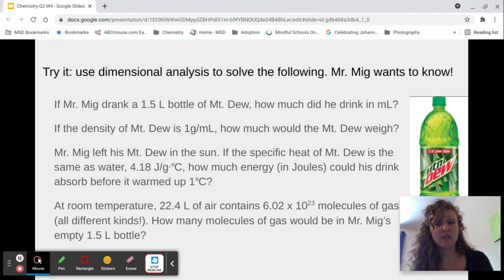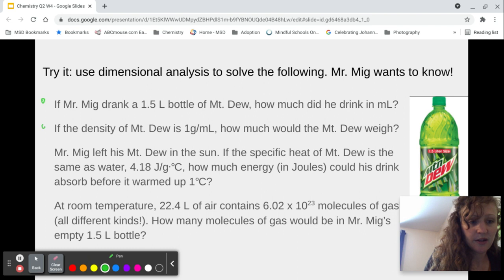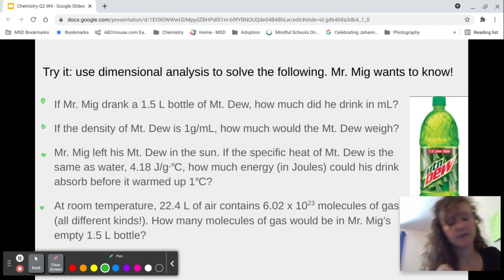I would love if you paused the video here and you tried these together. I'm going to post a different video where I show you these solutions, but let's see what of these skills that we talked about today can you put into practice? So number 1, can you pull conversion factors out of these 4 different questions?